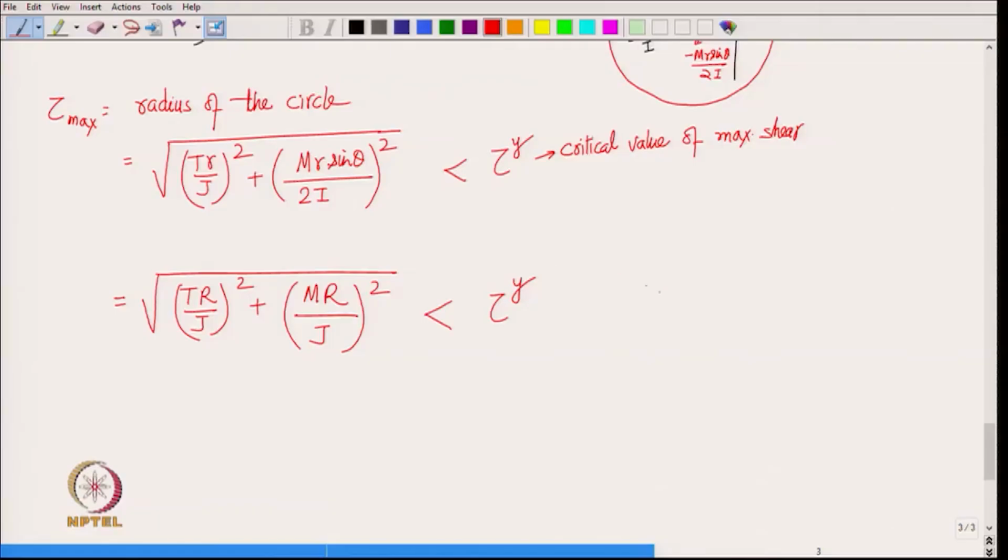If that combination becomes more than tau y, then the body is going to fail. Okay? And in reality, we always design considering some factor of safety in mind. Okay? So, suppose that the factor of safety is n, which could be 2, 3, 2.5, it is always more than 1. Okay? So, we have some factor of safety in mind.